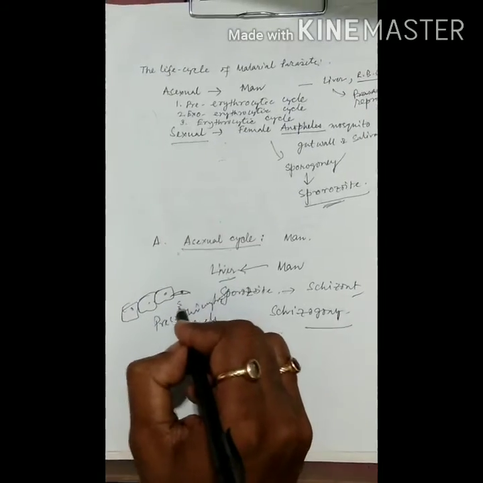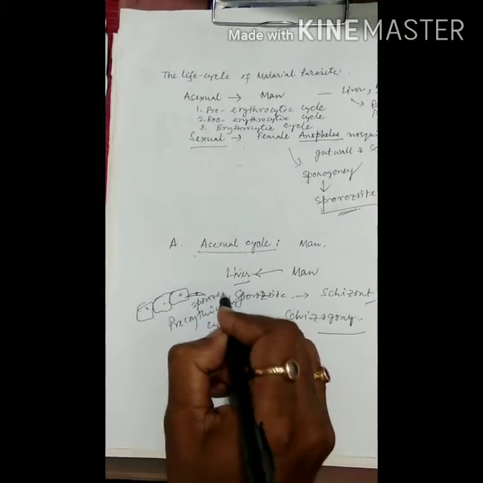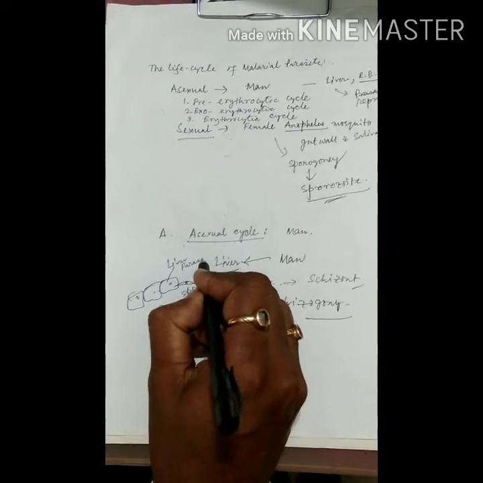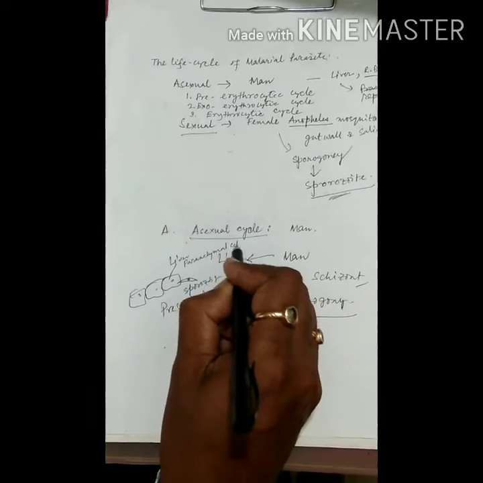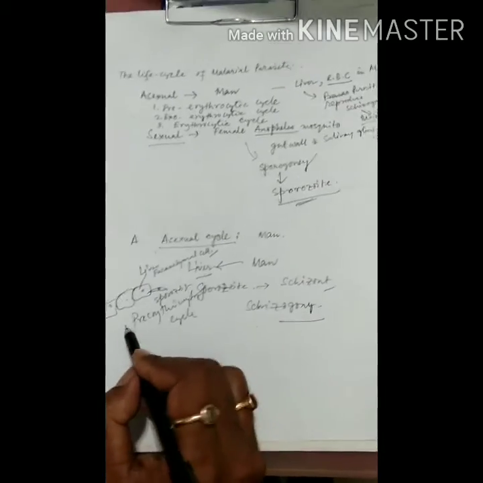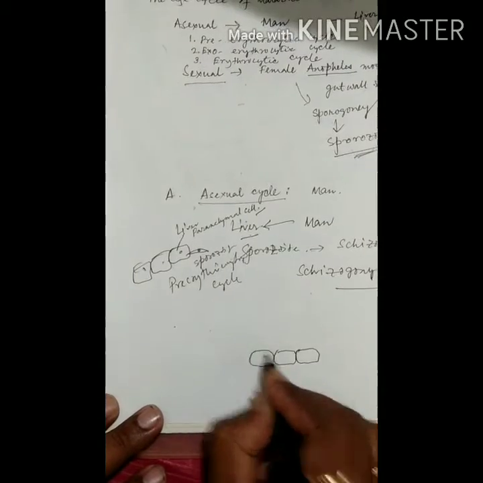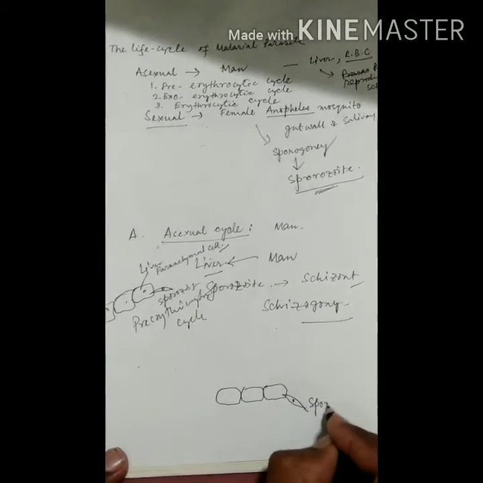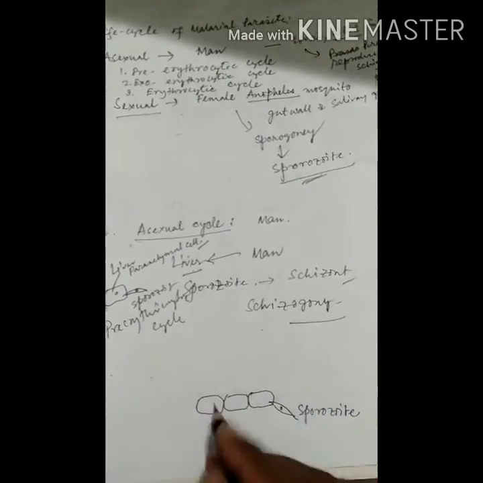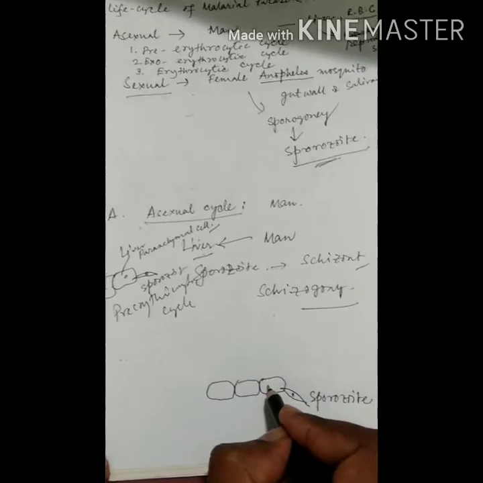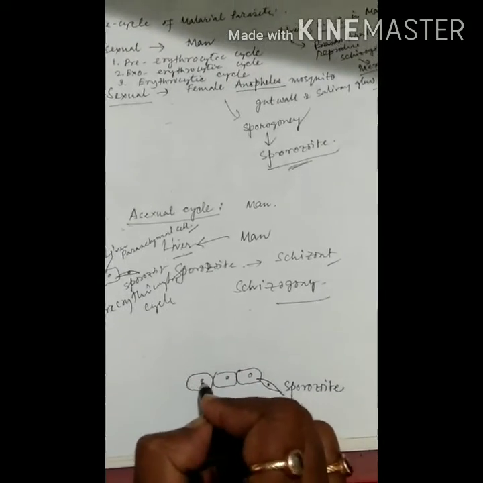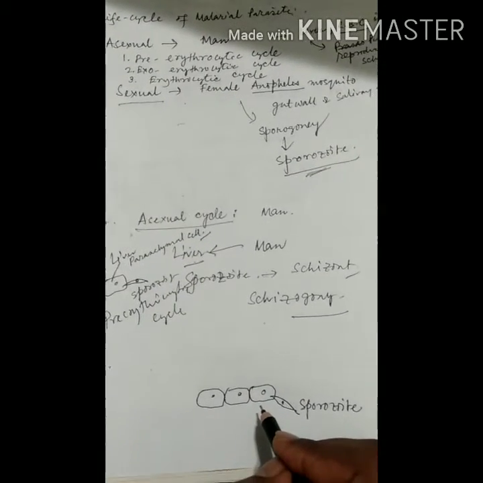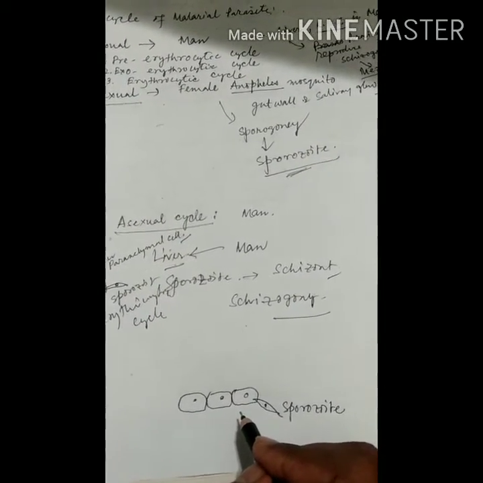The sporozoite enters into the liver parenchymal cell and is transformed in the process of zygogony.